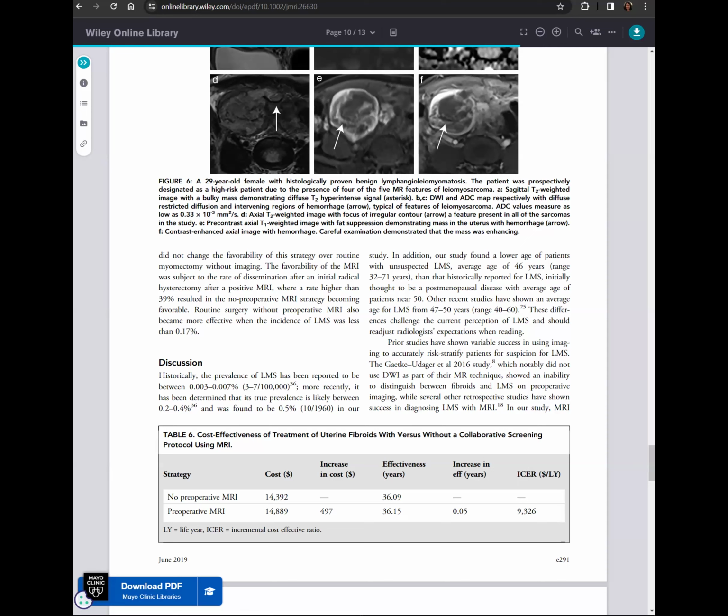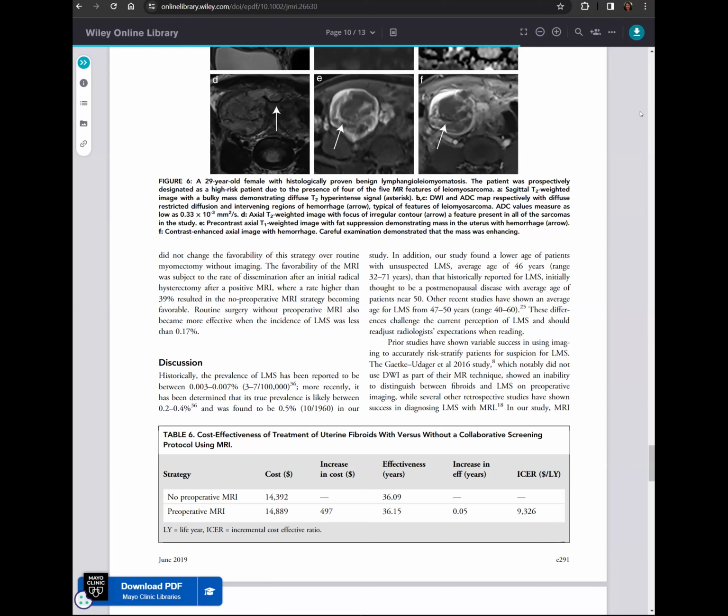It doesn't have a high PPV, but using a combination of irregular margins and ADC was more specific for sarcoma. And I think that's what this paper has really clarified for me. I didn't really look at the margins in the past. I know we talk about lobulated or smooth, round, circumscribed margins or irregular margins, but I didn't really incorporate that.